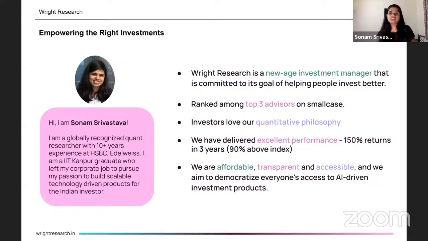Then I worked at HSBC in the European market, working on high and medium frequency algorithms, trying to forecast how the trades are going. And then I worked at a US based advisor called QPlum, where I again applied this in the US market. Then I started Right Research right here in India, because I'm deeply passionate about these types of methods. And I think Indians don't have an option where they can follow a quant advisor or look at quant investing. That is what I wanted to do and bring out as Right Research.